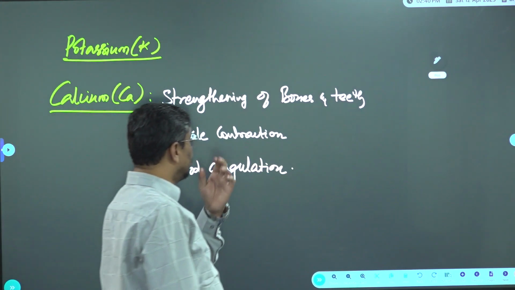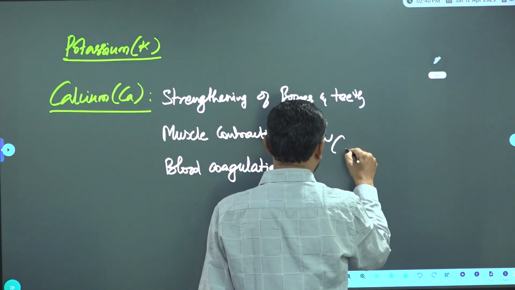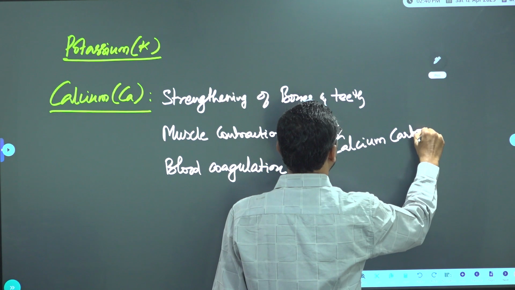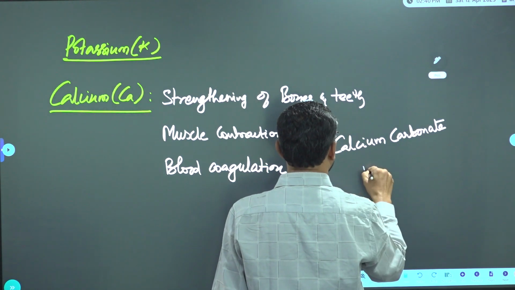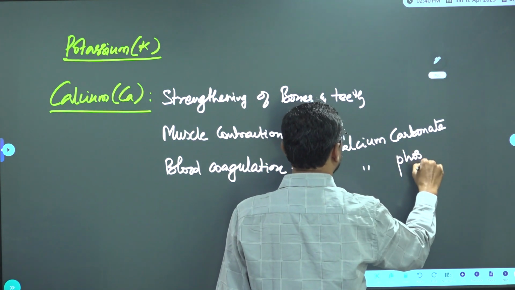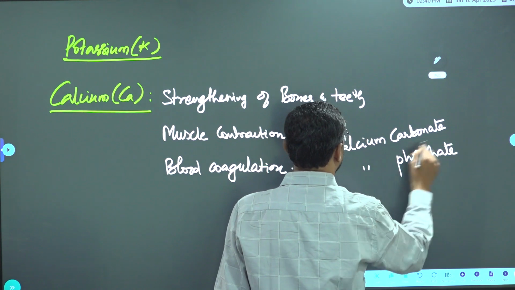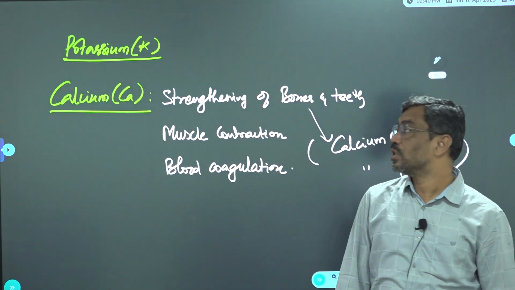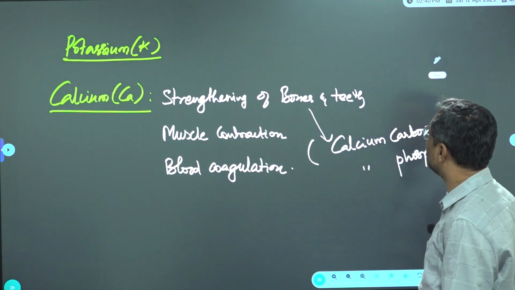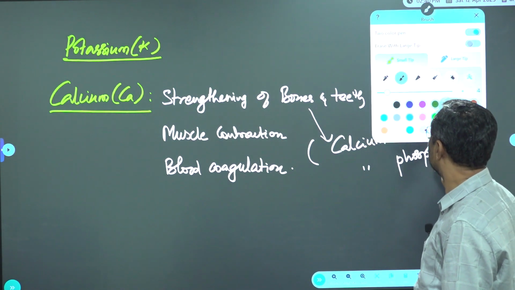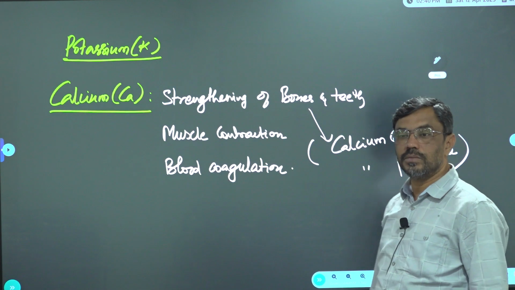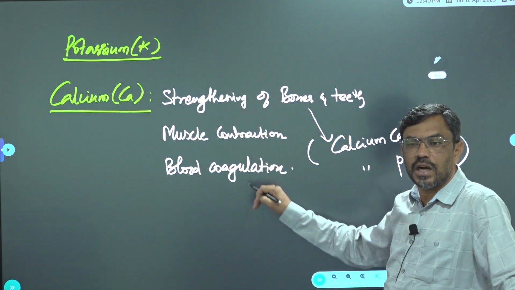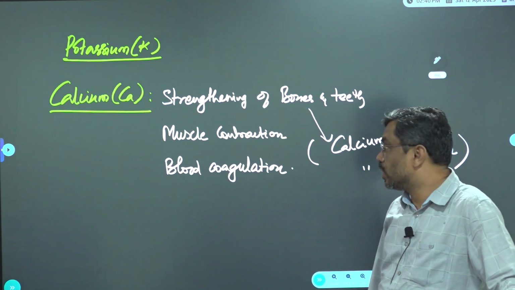In bones and teeth, the calcium is present in the form of calcium carbonate and calcium phosphate. So calcium is required for strengthening of bones and teeth, for muscle contraction, and for blood coagulation.